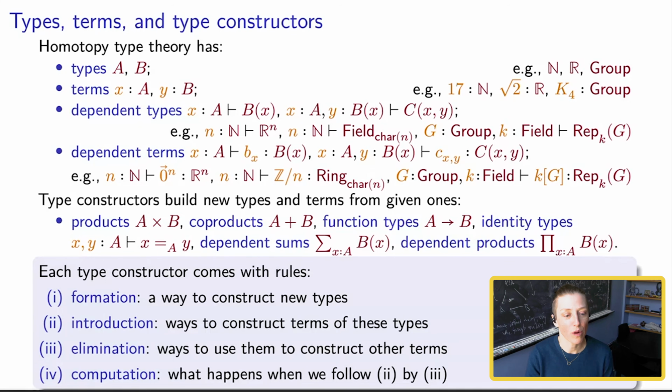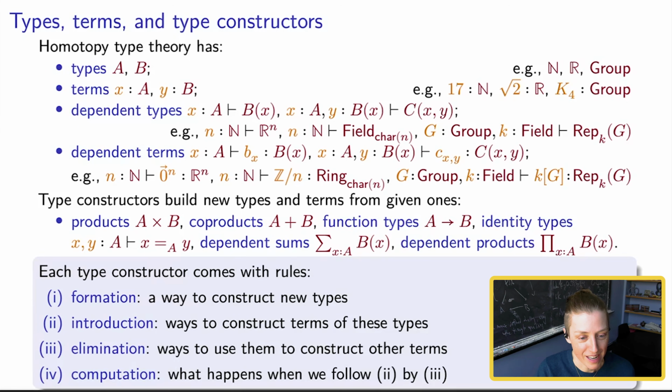And whenever I form these new types, there are rules that explain exactly when you can form a new type, what the terms are of these new types, how I can use the terms of these new types to construct other terms, and what happens when I both introduce a term and then eliminate from that term. So these are the high-level structure of dependent type theory and homotopy type theory in particular.